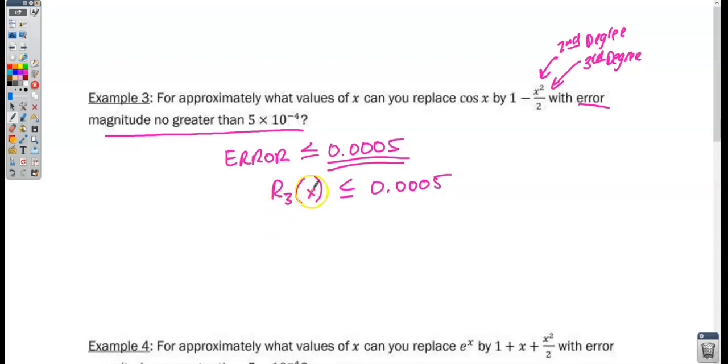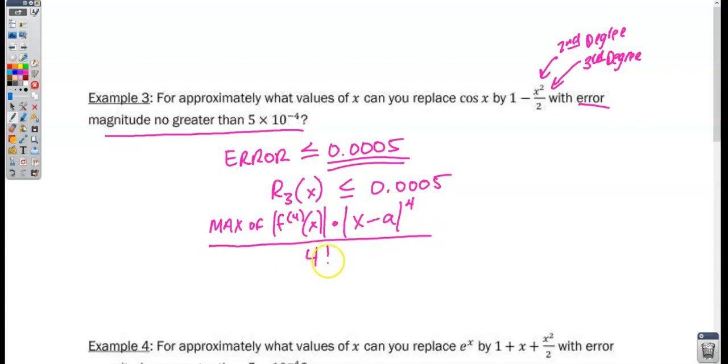The third order remainder is going to be the max of the fourth derivative of x times the maximum of x minus a to the fourth all over 4 factorial. We want that to be less than or equal to 0.0005.